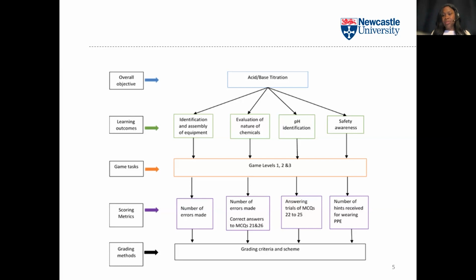And then we also have the number of hints received during the process of conducting the titration tasks.